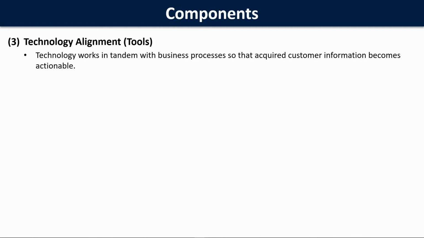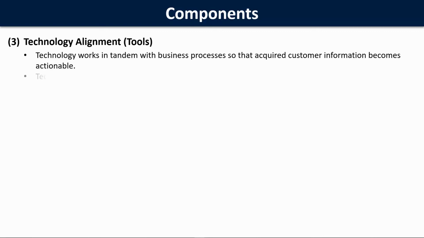So for this technology alignment piece, it's all about collecting and storing and processing the relevant customer information, making sure that the correct databases are linked in the right way. And we want to make sure that there is enough capacity to actually leverage the data so that the information is actionable.